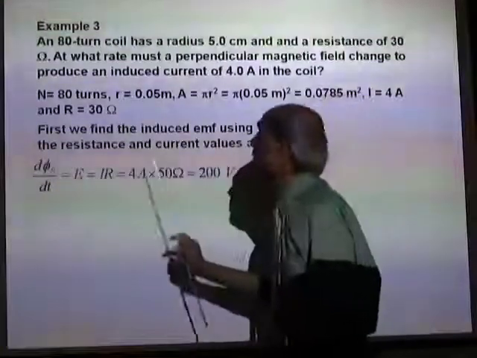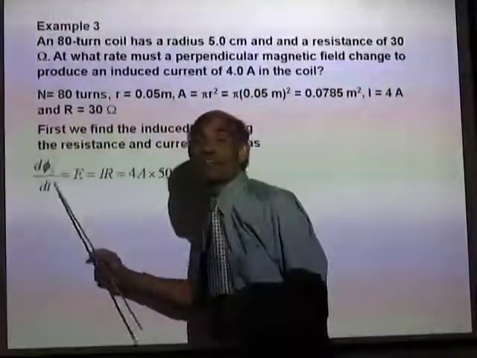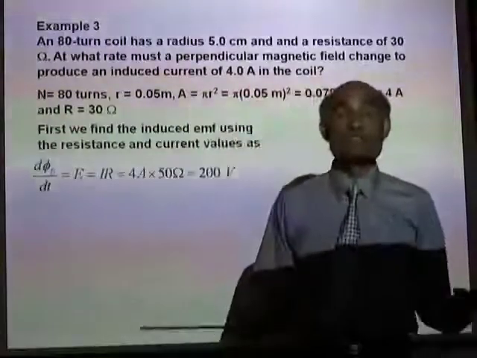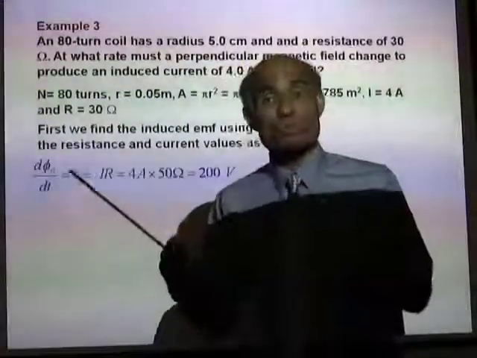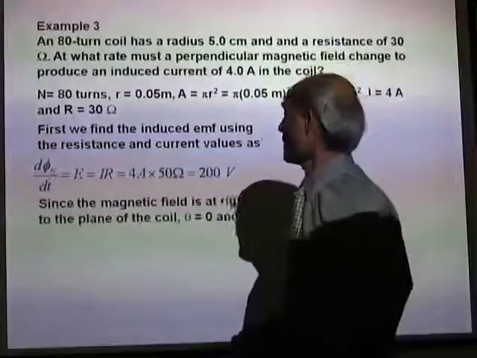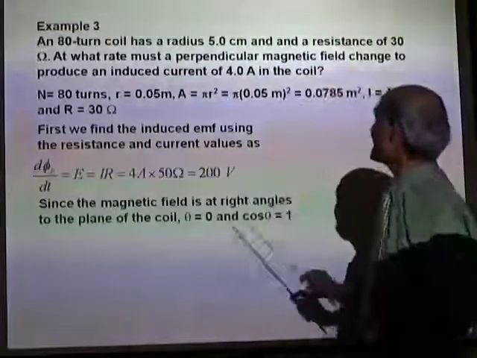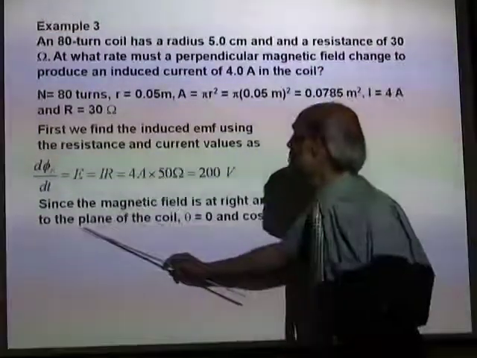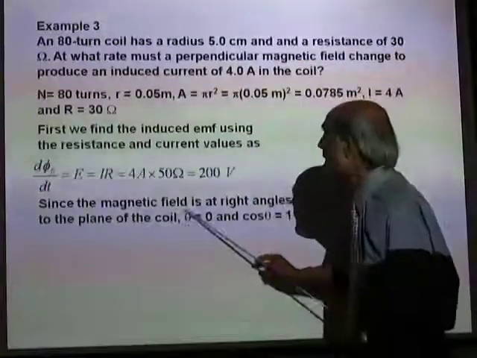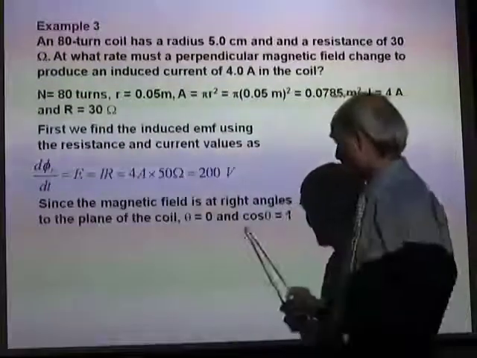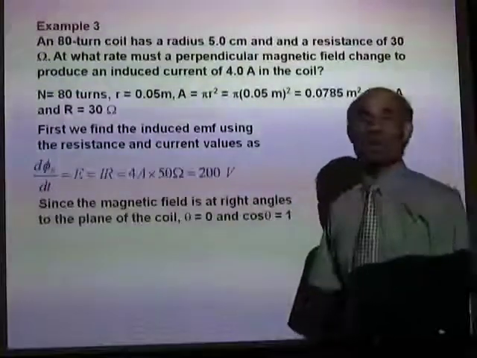And this 200 volts must be equal to d phi by dt. The induced EMF is a measure of the rate of change of flux. Well, since the magnetic field is at right angles to the plane of the coil, theta equal to 0, and therefore cos theta is 1.